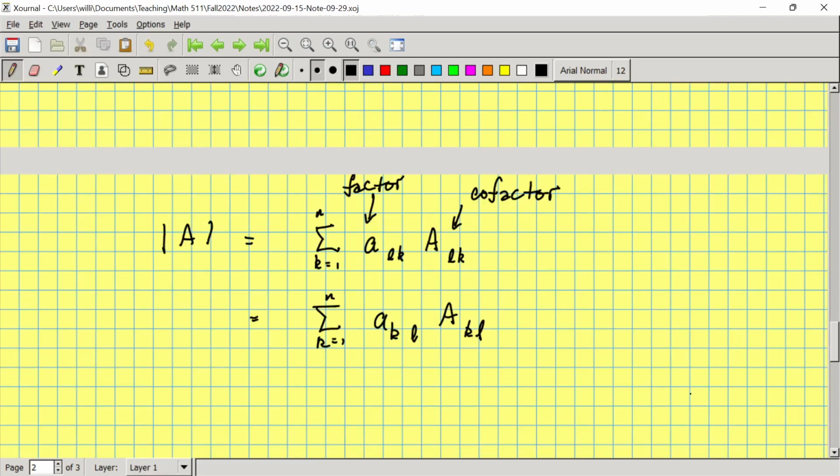So we could use this to calculate the determinant of a 7 by 7. After all, it would be the sum of 7 factors times their 7 cofactors. So that would be 6 by 6 determinants, and each one of those would be 6 5 by 5s. So that's 42 5 by 5s. And that would be 210 4 by 4s.